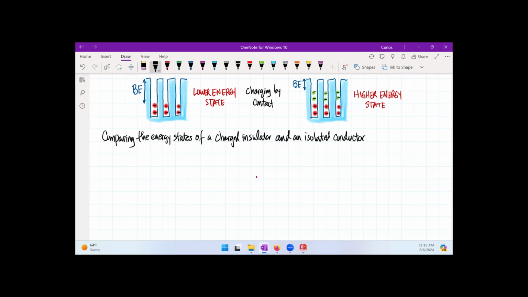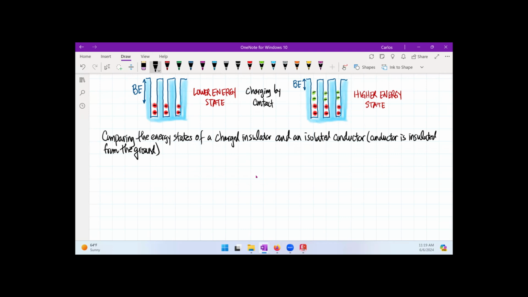What I mean by an isolated conductor is that the conductor is insulated from the ground. I won't go into more details than this, but that turns out to be really important. But we need other stuff before I can explain that completely.